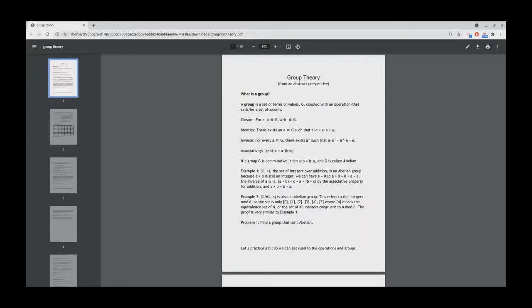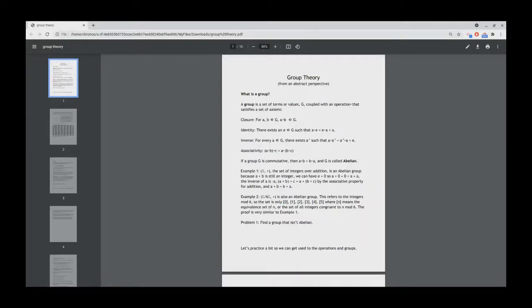We can set the identity E to 0 because A plus 0 equals 0 plus A is equal to A. The inverse of A is minus A because minus A plus A is equal to A plus minus A equals 0. A plus B plus C, I'm sure you've all heard of the associative property for addition, so that is the same thing as the rule of associativity here. And lastly, A plus B equals B plus A, which means that it's abelian.